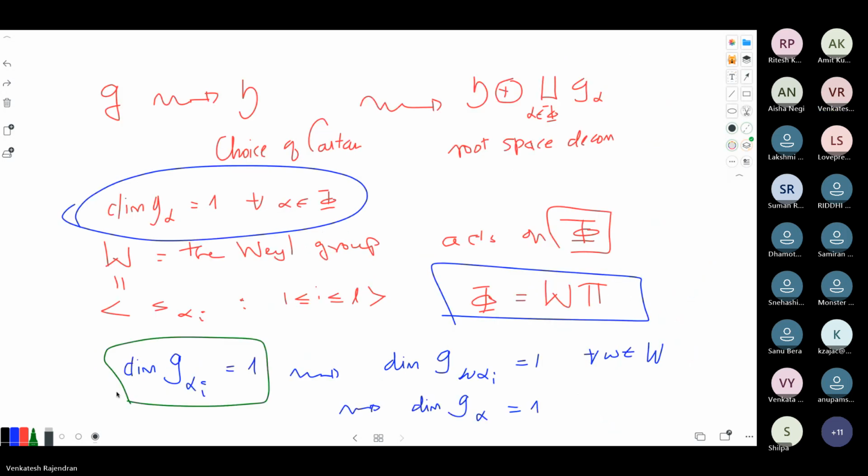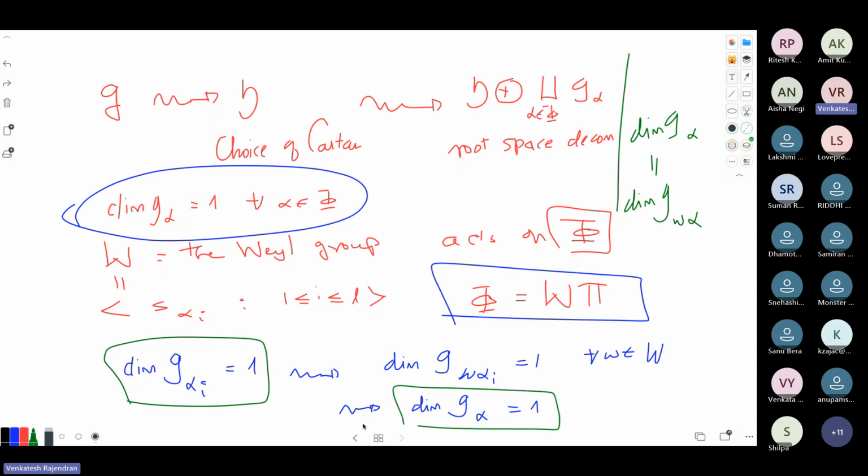Now the Weyl group is acting on this root system, and any root is conjugate to a simple root, and the Weyl group preserves the dimension. The dimension of G alpha is the same as the dimension of G W alpha. That you use SL2 theory to prove. So that implies that the dimension of G alpha is 1. This observation is very, very important in the abstract proof.